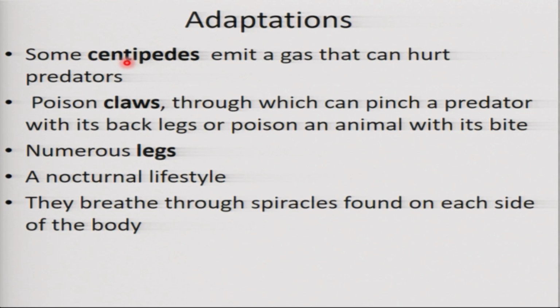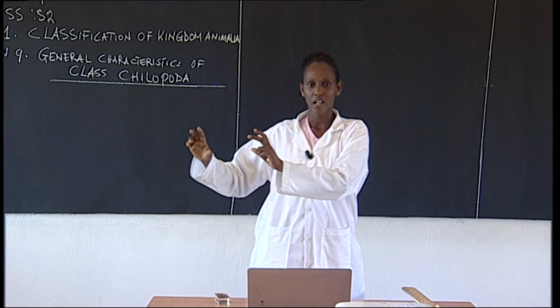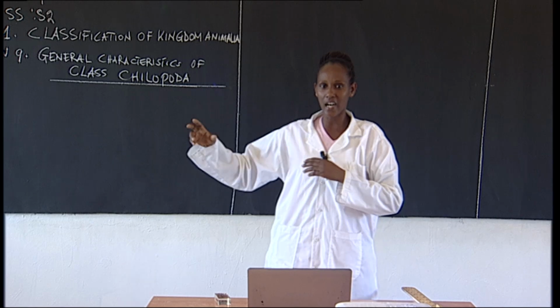One, the centipedes emit a gas that can hurt predators. This is a very important thing. In case an enemy tries to attack the centipedes, they release a gas which will hurt the predator.